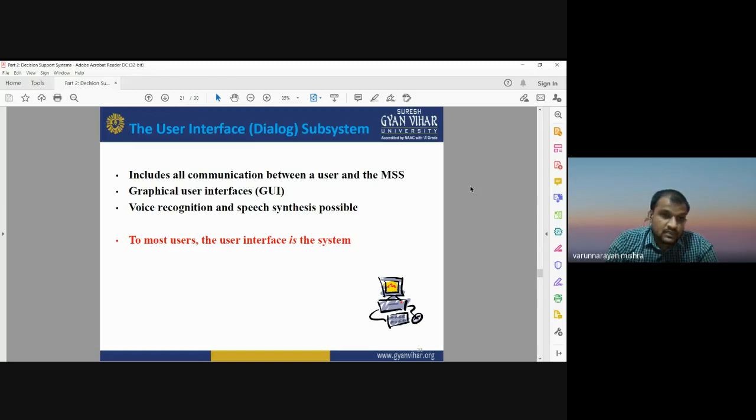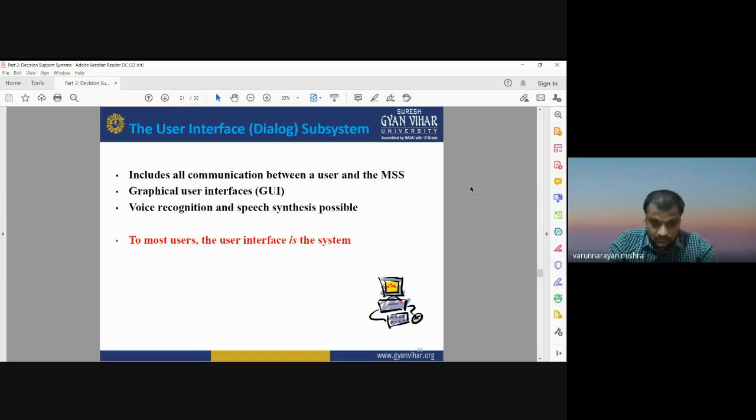Whatever software you are using, like ERDAS Imagine, ENVI or ArcGIS, there are different options in the main menu bar. File, open, then you have options to import and export the data set. These kinds of options are known as user interface. So there is a facility of graphical user interface, or in short GUI.